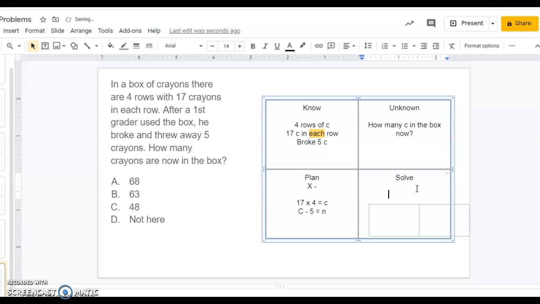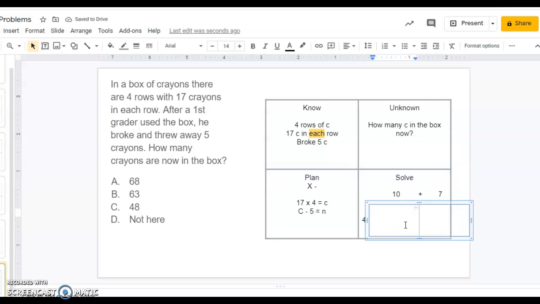All right, and when I'm solving, I am going to be doing 17 times 4. So if I decompose 17, it's going to be 10 plus 7. And I will be multiplying that all by 4, since that is my second factor. In my first area of my area model, I'm going to do 10 times 4, which I know equals 40.